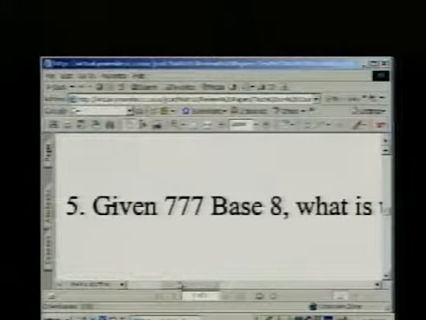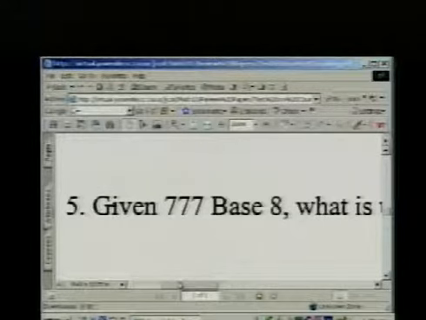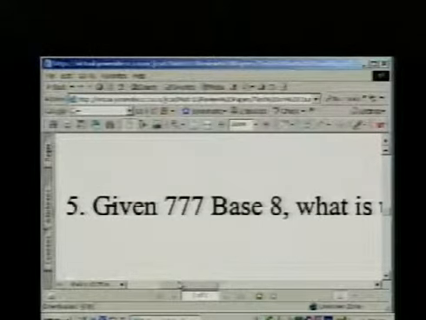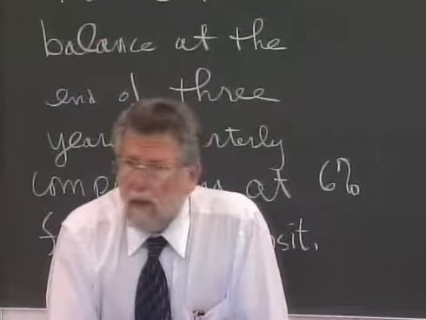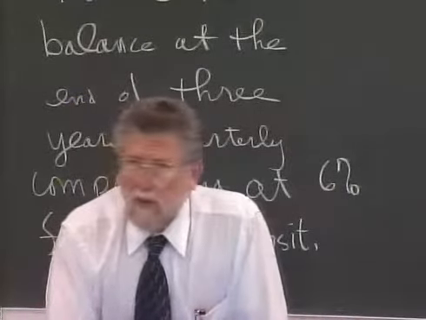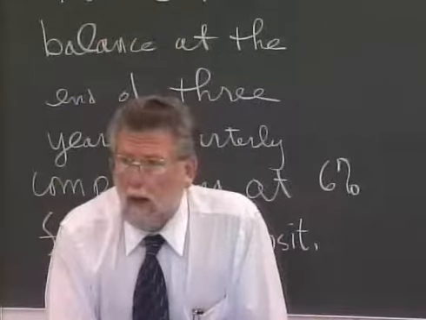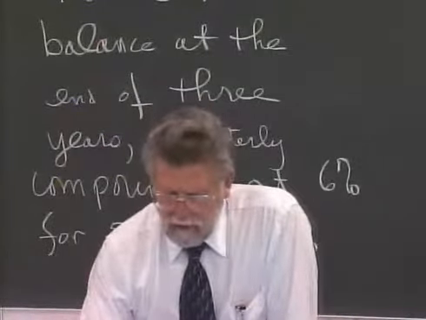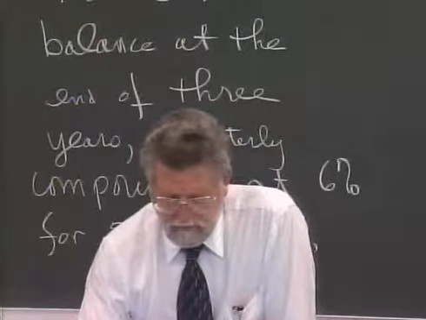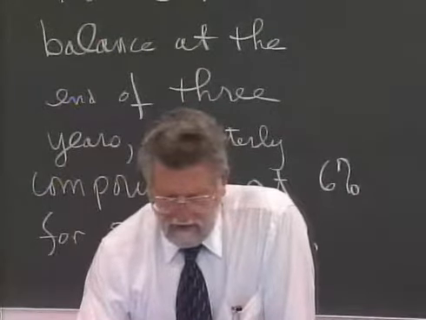You carry a 1. So at the end, you have 1 with 3 zeros after it. Don't read it as 1,000. It is 1 followed by 3 zeros. So we would say 1, 0, 0, 0. Okay, that's good. So we've had a few problems there. Let me see if I have anything else.